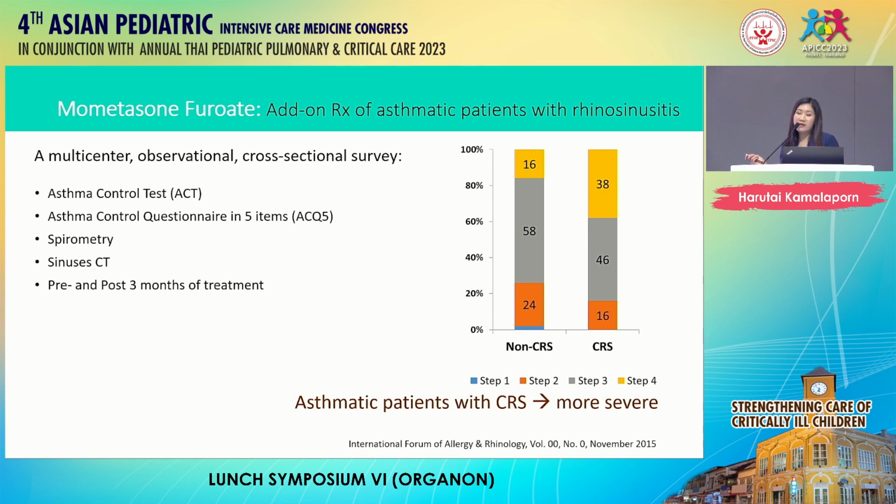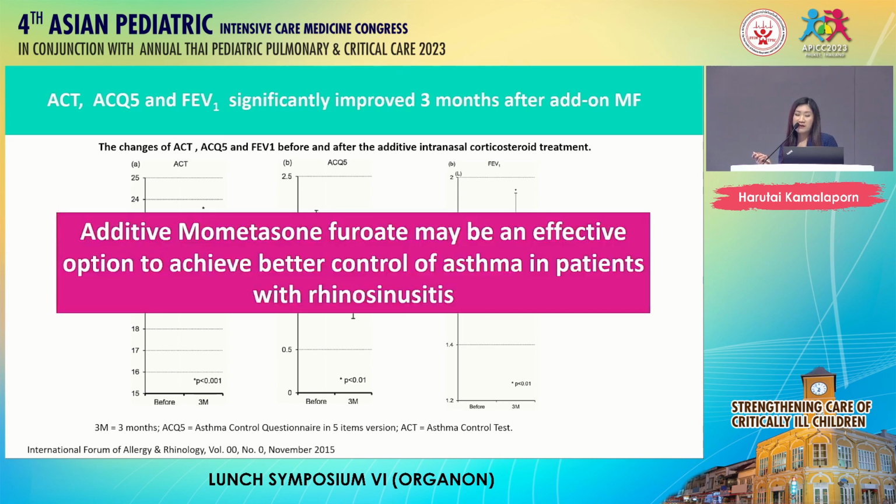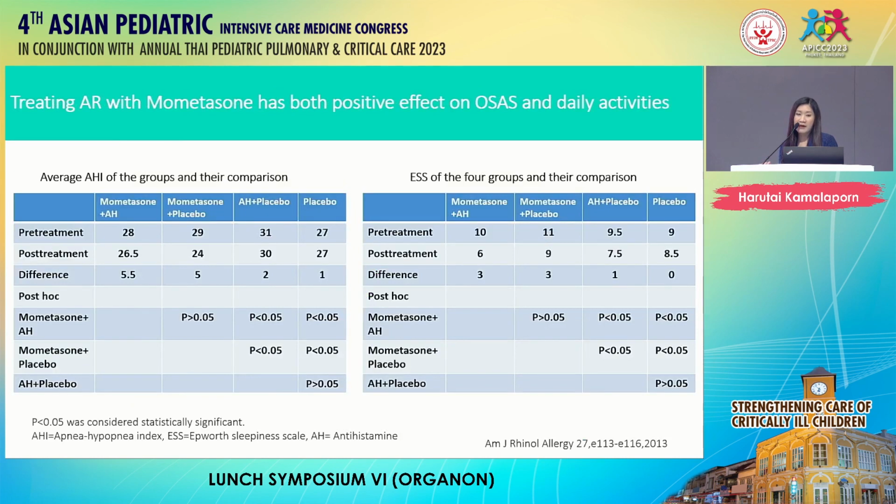That means if you would like to treat asthma, you have to treat comorbidities such as chronic rhinosinusitis, and mometasone furoate has been proven to significantly improve the asthma control test, ACQ-5, and lung function as well. It's very effective. And treating asthma has a positive effect on OSA as well. As I mentioned before, if you use the proper medicine and it can reach your adenoid, it is good for you.